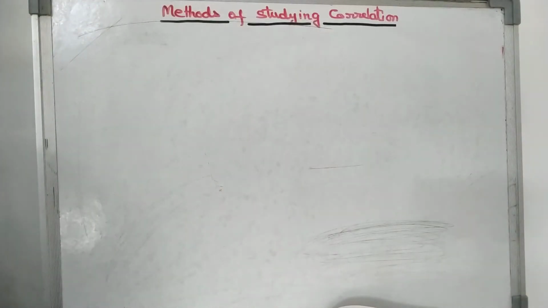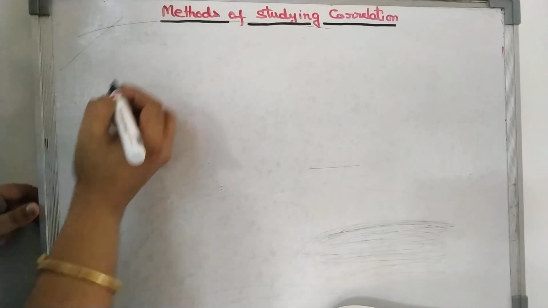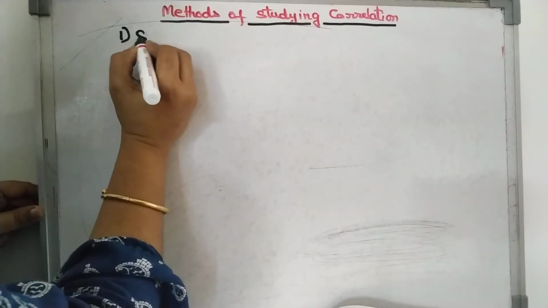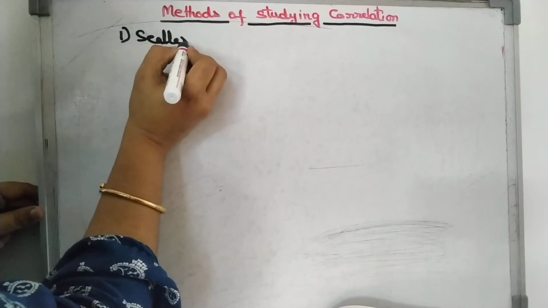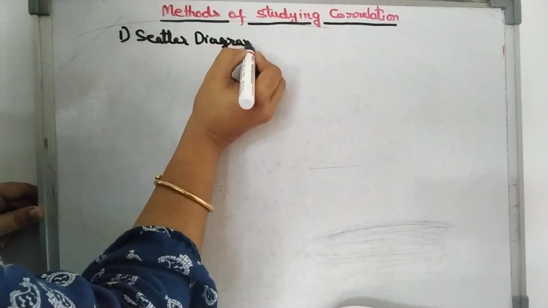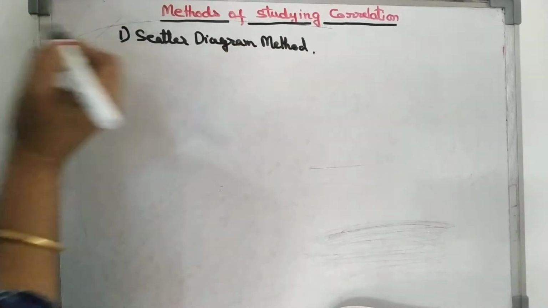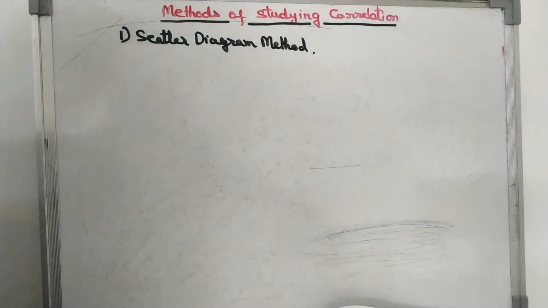So the commonly used methods for studying simple correlation, that means correlation between the two variables, are: the first one is scatter diagram method.